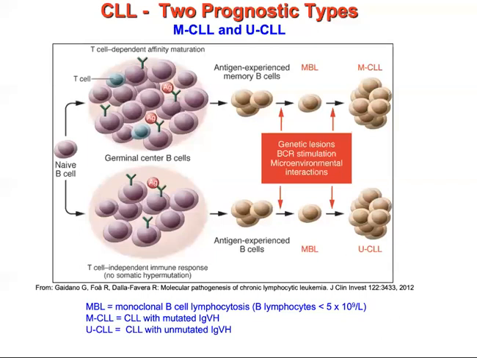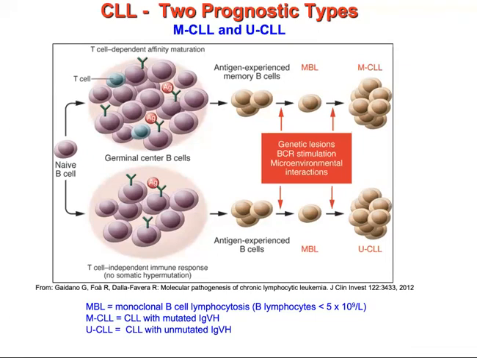After gene rearrangements in the bone marrow, the naive B cells then travel to the lymph nodes. In the lymph nodes, when the antigen binds to the immune globulin receptor on a naive B cell, it undergoes what's called an antigen-induced maturation process, okay? And this antigen-induced maturation process can be either T-cell dependent or T-cell independent, okay?